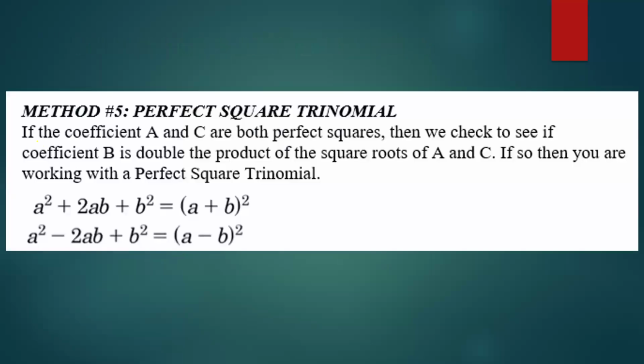So it's called method number 5, perfect square trinomials. When you have a perfect square trinomial, what it looks like is that your A and your C are perfect squares. So whether it's squared variables or squared numbers, they are perfect squares.